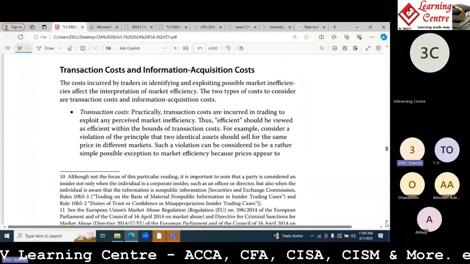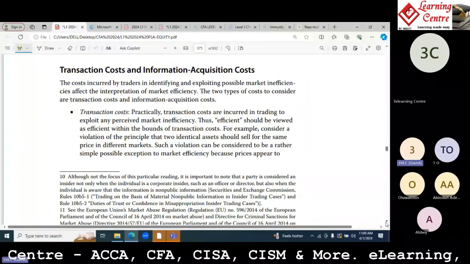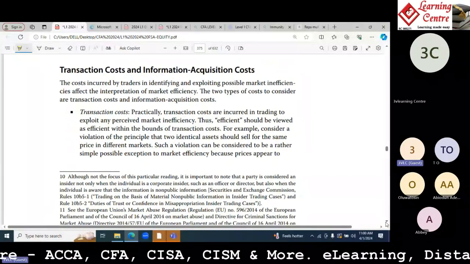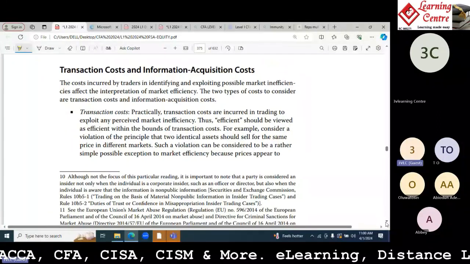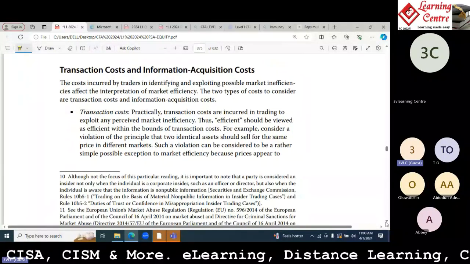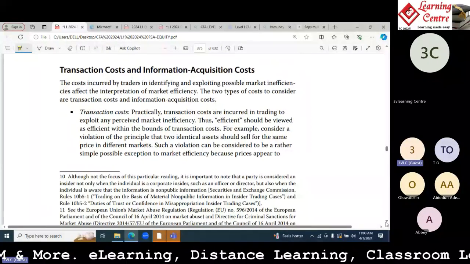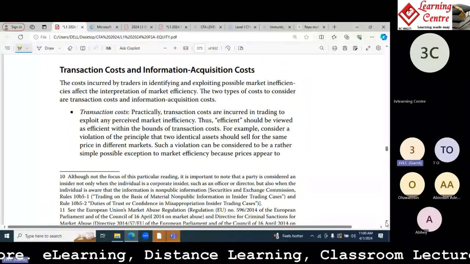If I don't have a strong conviction about the information and its impact on the stock, because I know that there's going to be transaction costs, I might end up not taking advantage of the information.